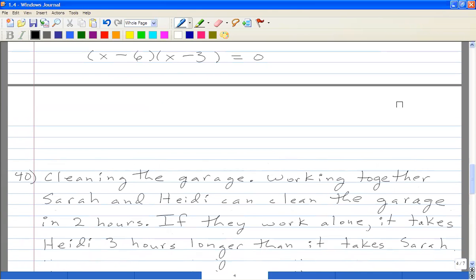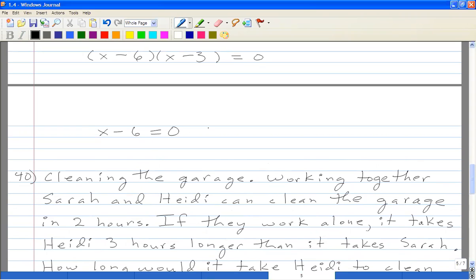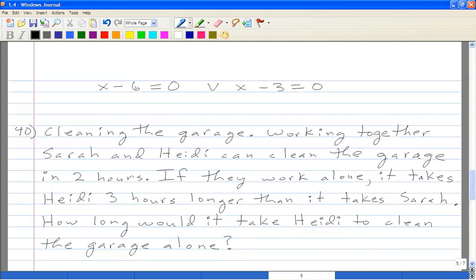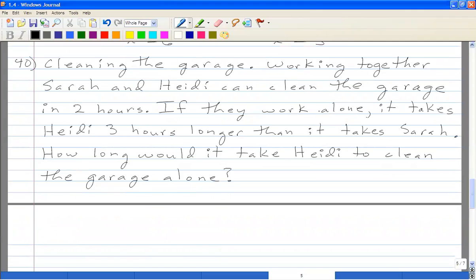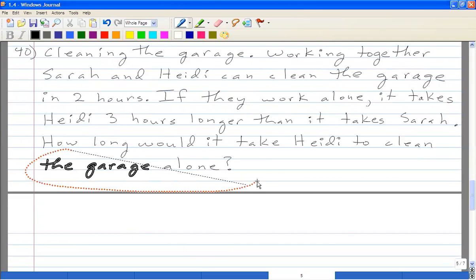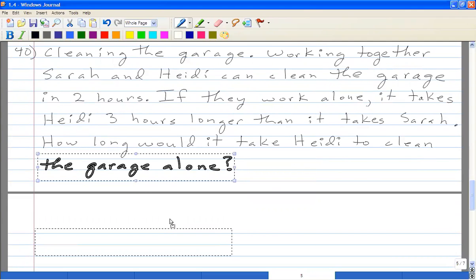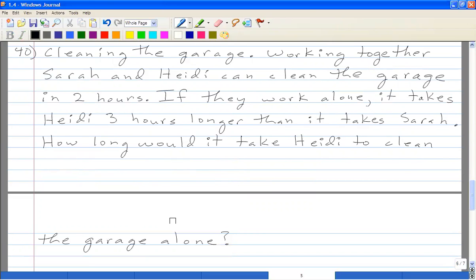Let's set each factor equal to 0 and solve for x. Let's add 6 to both sides of my equation. Let's add 3 to both sides of my equation. Okay, and so let me actually need one more line.